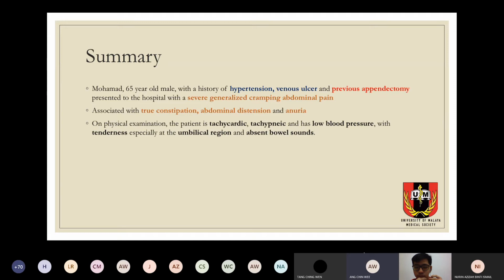So if I were to do it, it goes back to your differential diagnosis. What do you think is the most likely diagnosis so far, just from the history and the limited clues in the examination? We worked out that this guy had maybe a perforated viscus, given the short history, severe abdominal pain, and the associated symptoms.